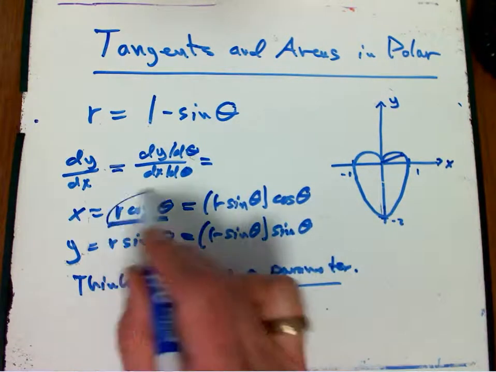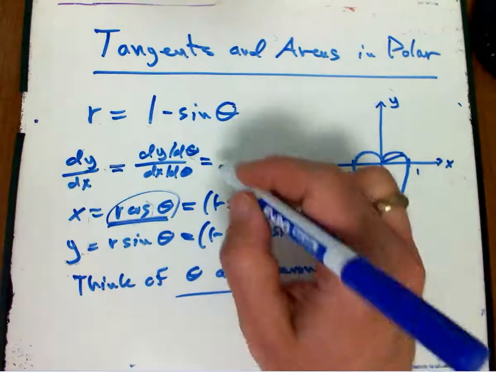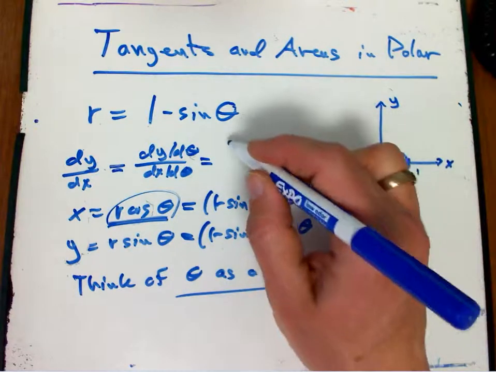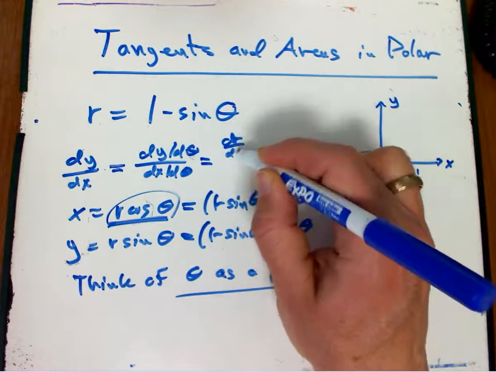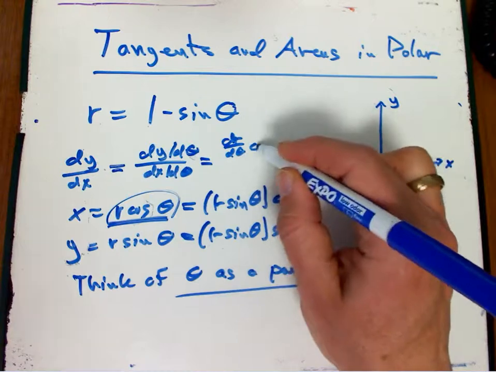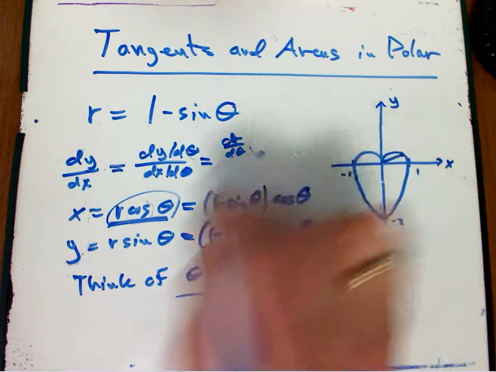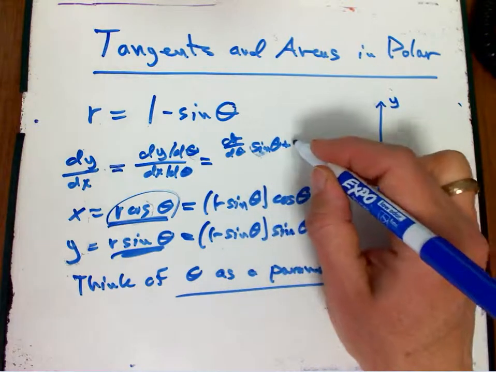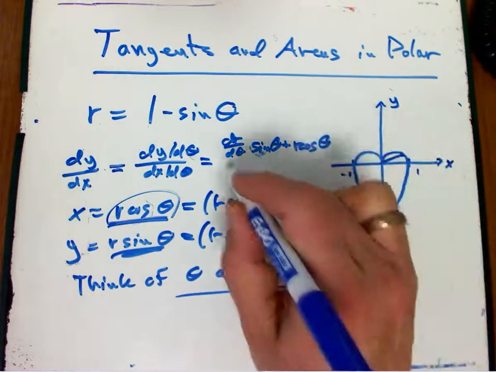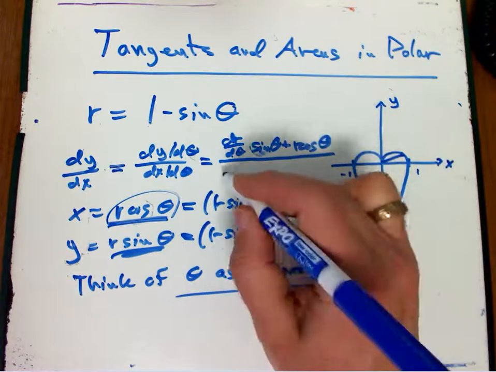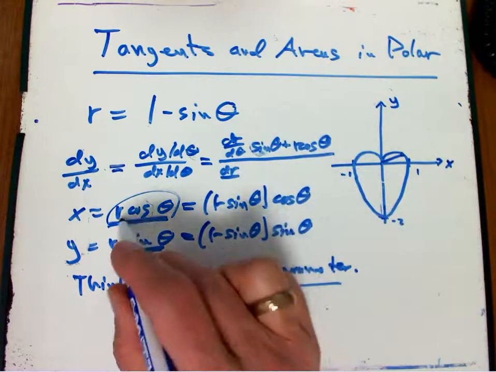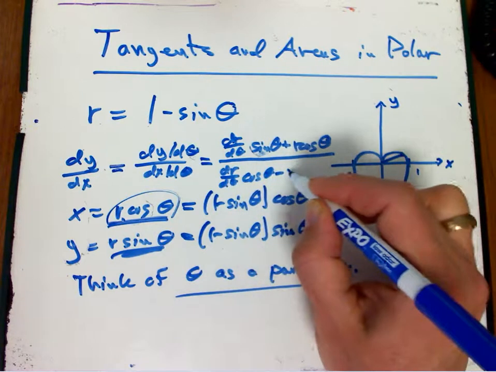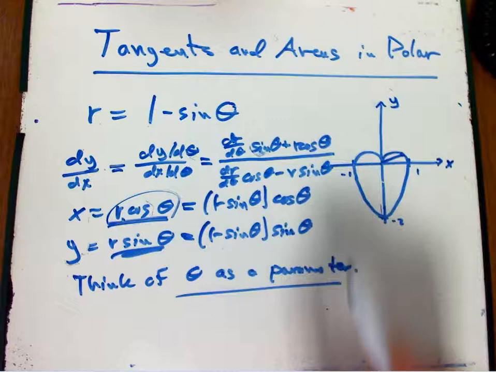You can do this with a little product rule, and so you're going to get dr/d theta times sine theta, because this is going to be y here, plus r cosine theta. It's really just a product rule. Divided by the derivative of this guy, dr/d theta, cosine theta left alone, minus r sine theta. I know that's kind of squished in there.